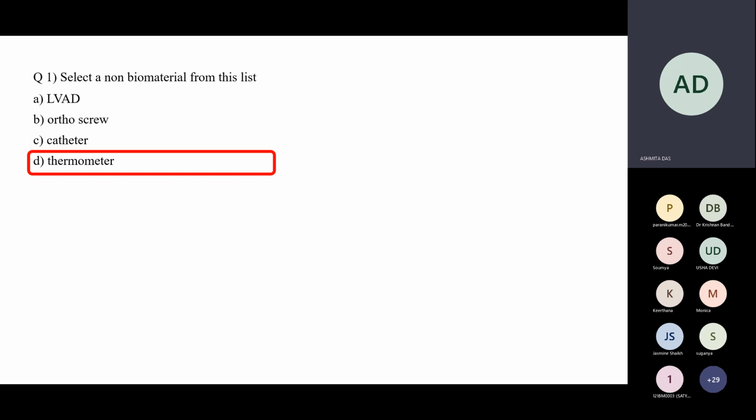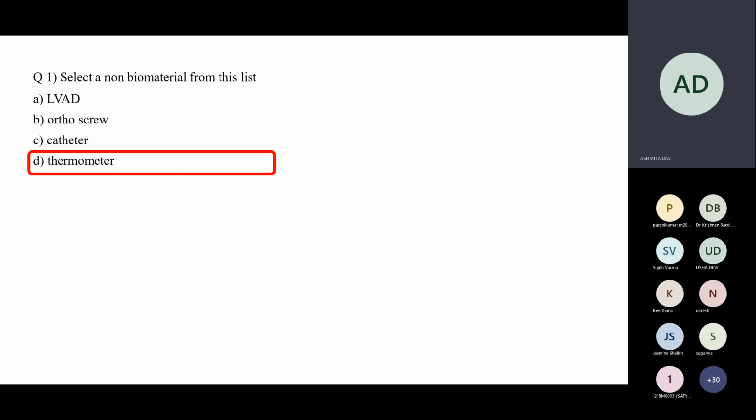So, as you get to know about this definition, consider if I put a sensor inside the body to get to know every day the concentration of urea in my blood or the concentration of creatinine in my blood.